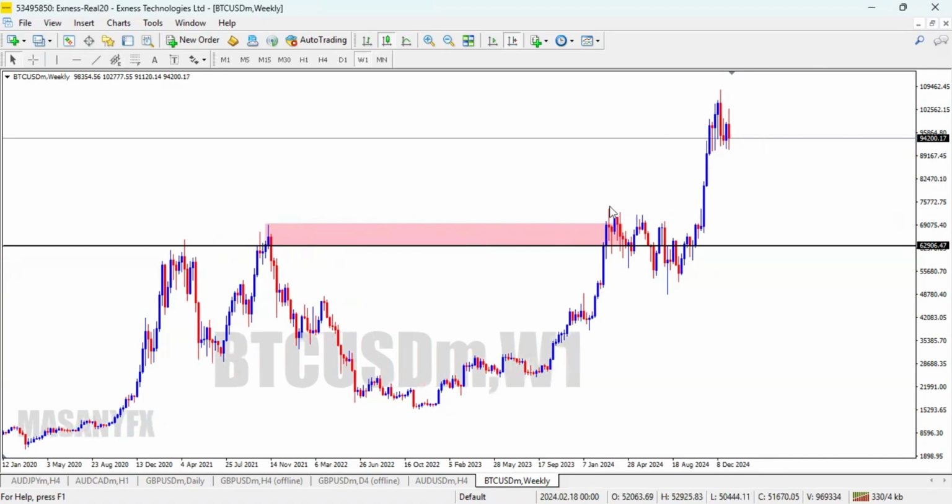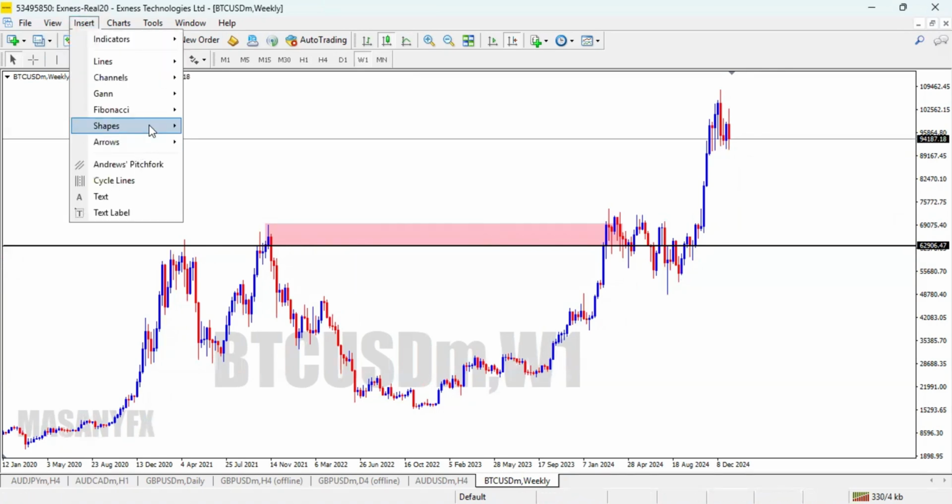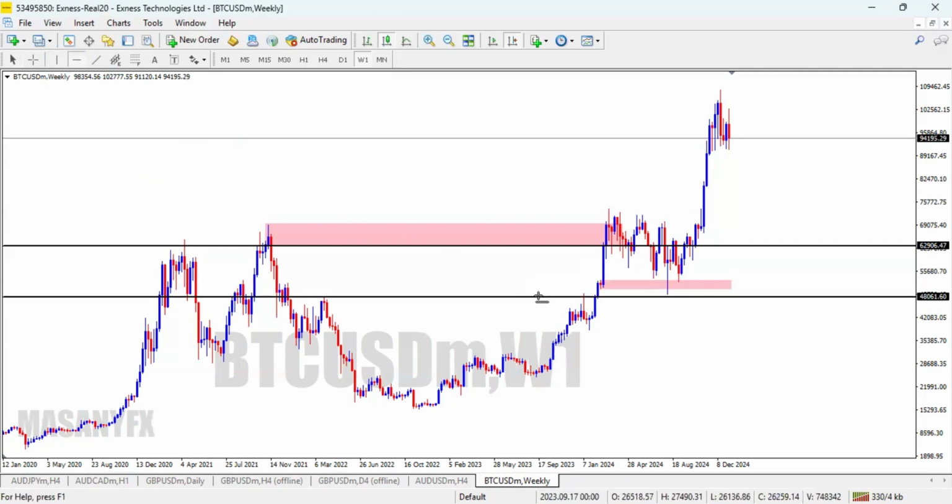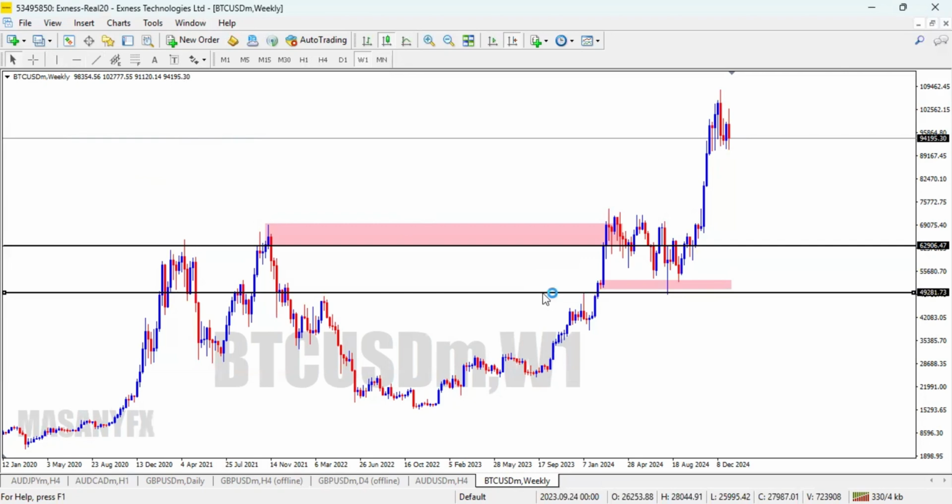It broke above and came back down to this demand zone. And it did not respect it as well. What did BTC USD respect? It respected this.